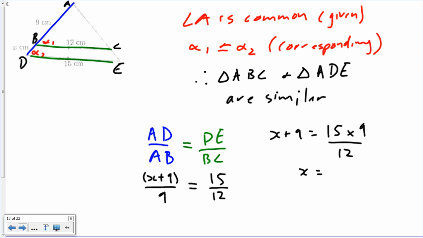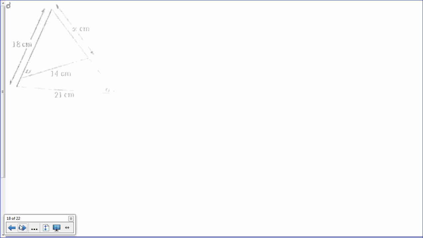So X equals 15 times 9 over 12, take 9. So putting all that into the calculator, we find the answer is 2.25 centimeters. That's C.